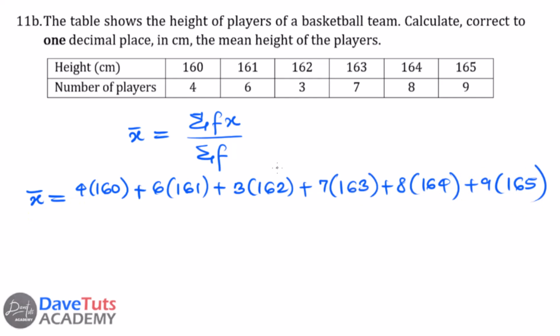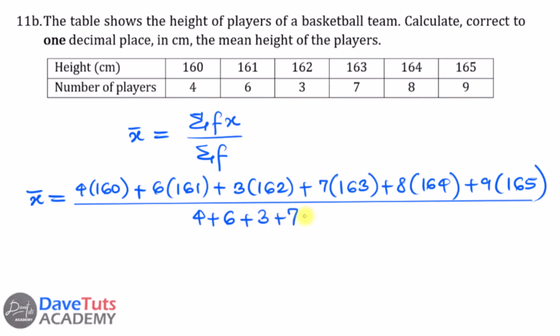We are dividing everything there with summation f. That's the addition of all of the frequencies. So we have 4 plus 6 plus 3 plus 7 plus 8 and plus 9. So we just need to be careful to ensure that we put in the right values into the calculator.